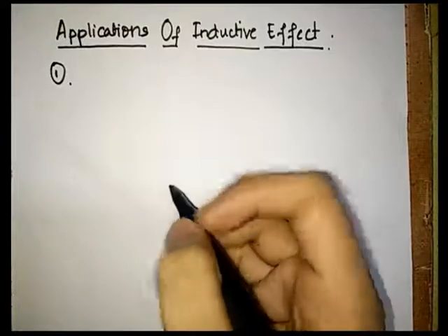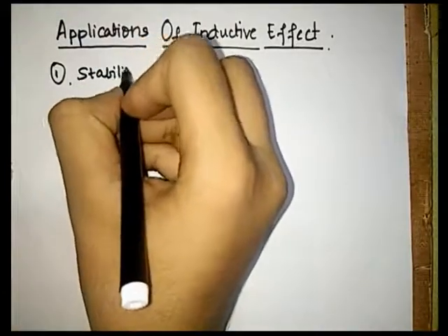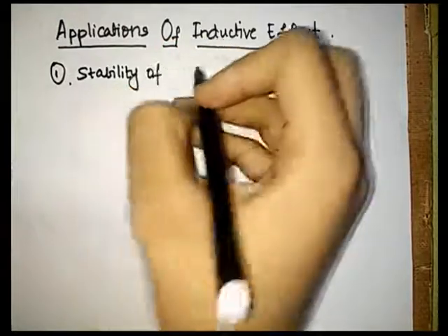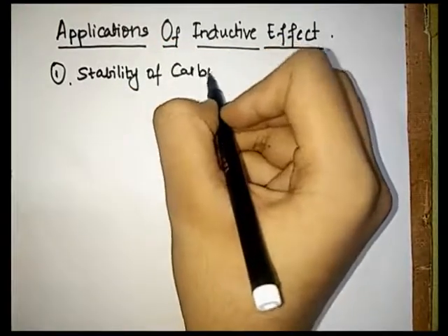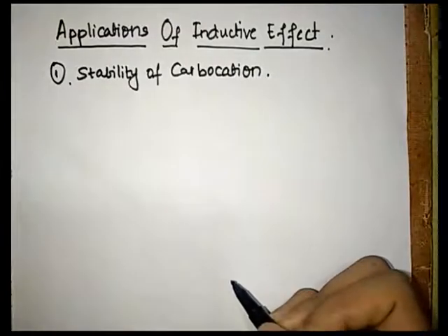of carbocation. It explains or lets us know the stability of carbocation. So how does it do that?